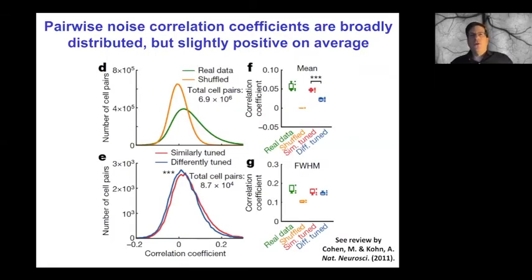So first, we started off by looking at individual neurons, as well as the fluctuations that had occurred among pairs of neurons. We did this by looking at the so-called pairwise noise correlation coefficients. And we compared the coefficients computed for real data and also for what are called trial shuffle data sets, in which you would randomly permute the trials across different sets of cells.